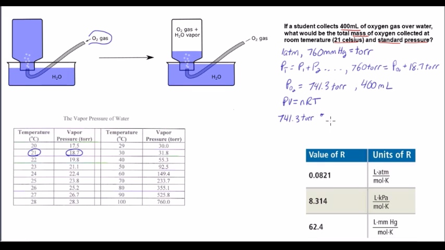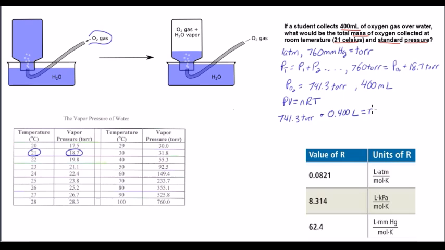My volume was 400 milliliters. One thing I would say is that when you're dealing with PV equals nRT, you need to make sure that your volume is in liters, not milliliters. So let's convert that to liters. You just divide by 1,000, so it'd be 0.4 liters.